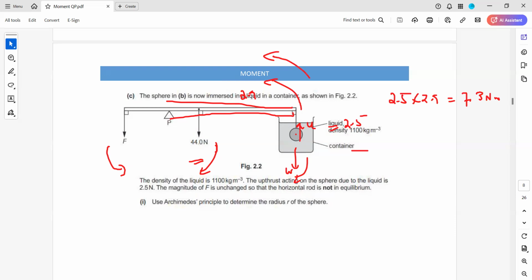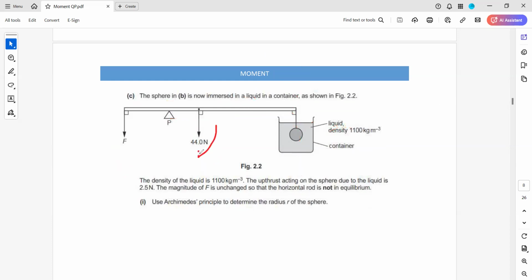Is it clear? There's also another way: you calculate the turning effect of this one, the turning effect of the upthrust, the turning effect of this force, and then subtract. But why is just the upthrust moment the resultant? Because the beam was balanced originally.